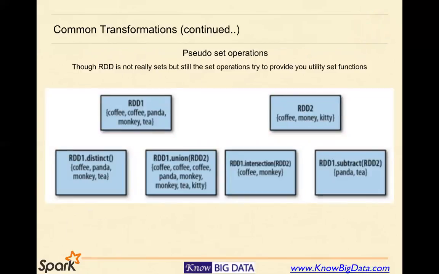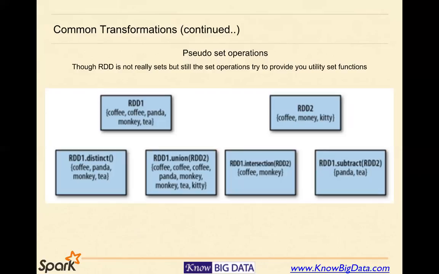Now, there are some very interesting pseudo set transformations. They are basically library functions built on top of the same map, reduce and filter provided earlier, and they give you a great amount of parallelism. Imagine, it is not really a set operation.